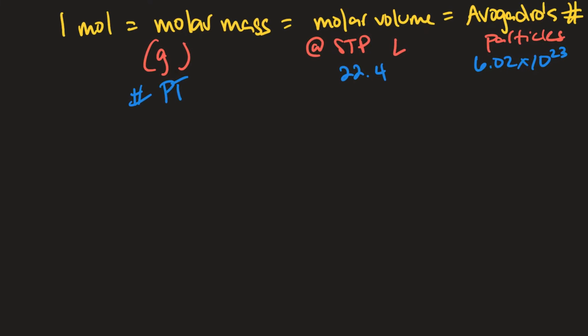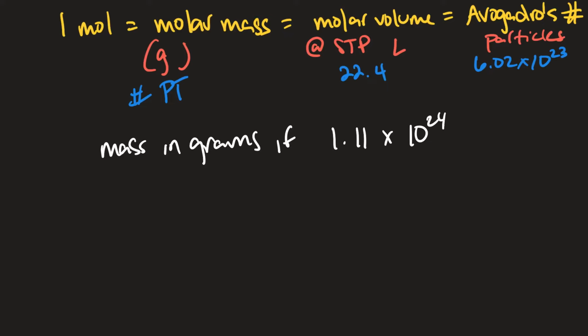Just having this on top, let's say I want to know the mass in grams if I have 1.11 times 10 to the 24 molecules of CO2. Let's think about what units we are dealing with.